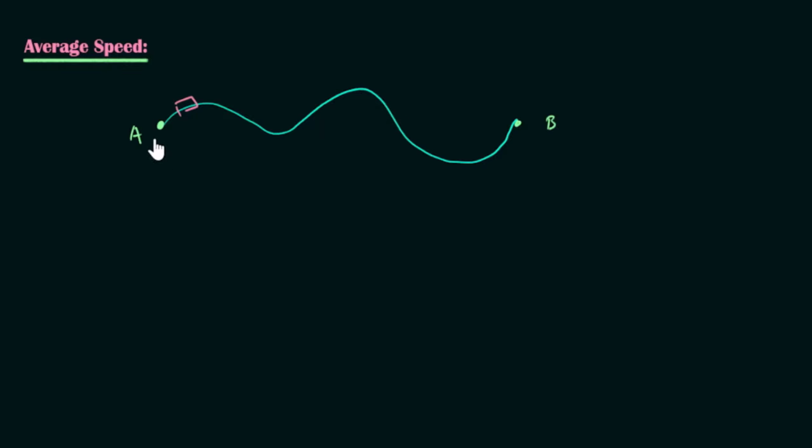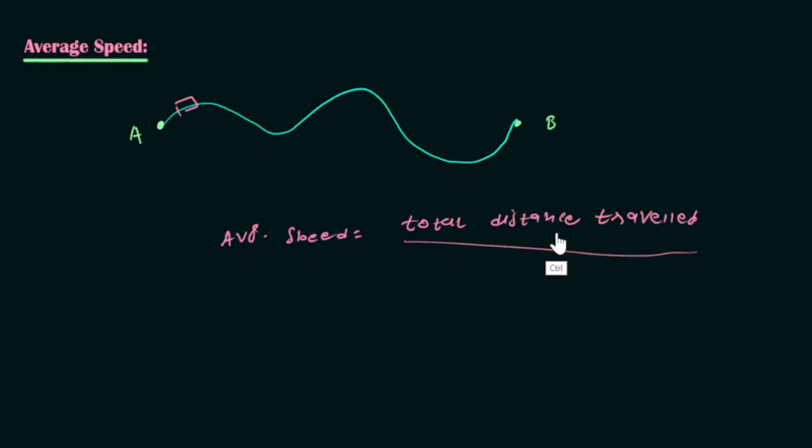So we can have the total distance between A and B, and we can also find the total time from A to B. In such a case, average speed will be equal to total distance traveled divided by total time taken.